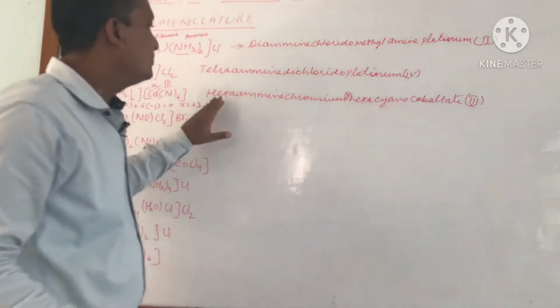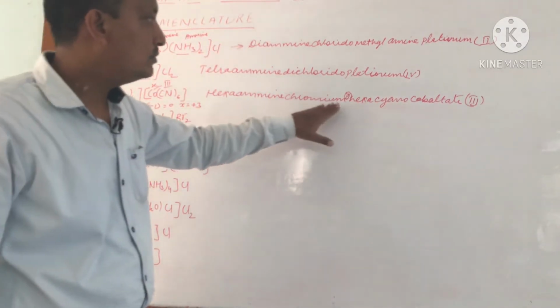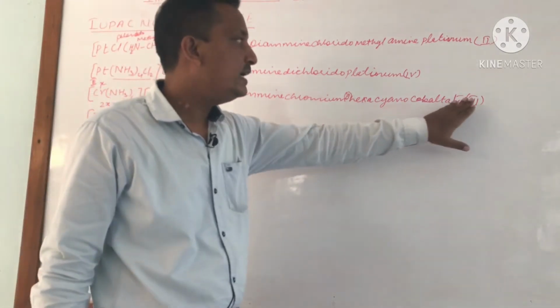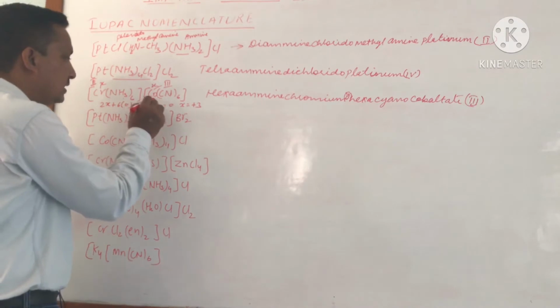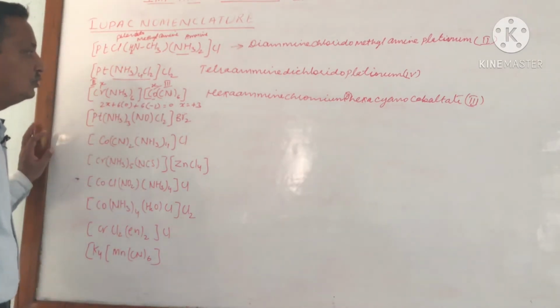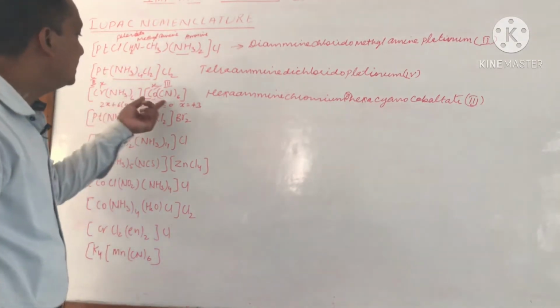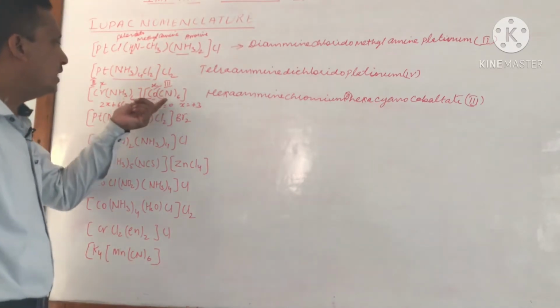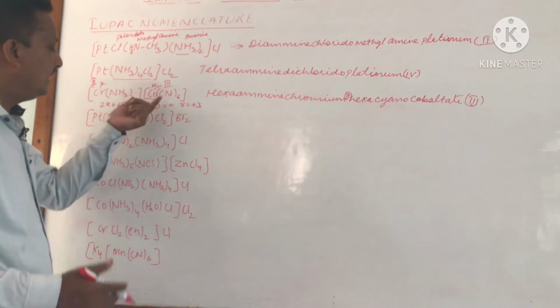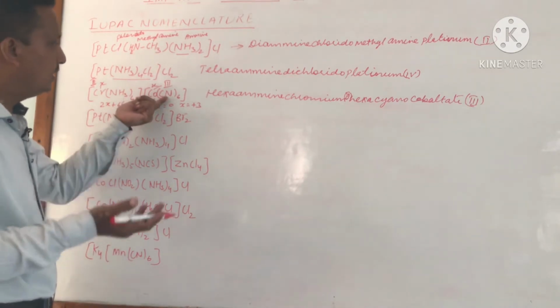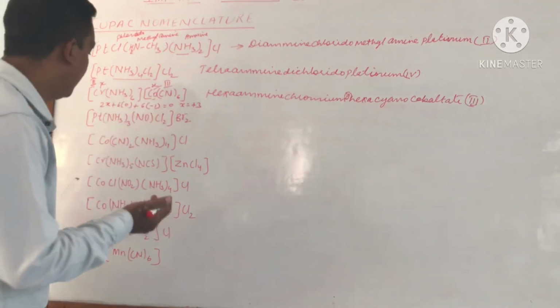So the name would be hexaamine chromium(III) hexacyanocobaltate(III). Why are we using cobaltate? Because cobalt is in the negative complex. So whenever the metal is present in a negative complex, then we name the compound as the Latin name of the metal, then 'ate'. So cobalt plus 'ate', cobaltate, like this.